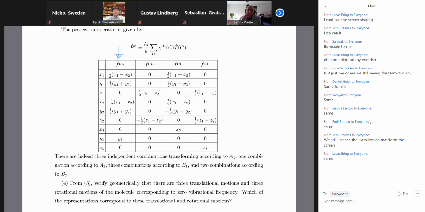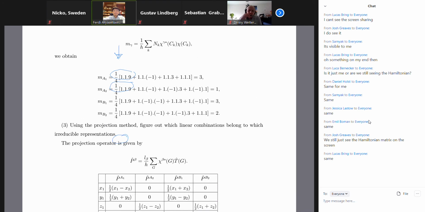So we have this one, and this one. Yes, those are the 3 independent combinations, and that is consistent with what we have here. So we have 3 of them. So there should then be 3 independent functions, which corresponds to the multiplicity of the representation A1 contained in the 9 by 9 representation.